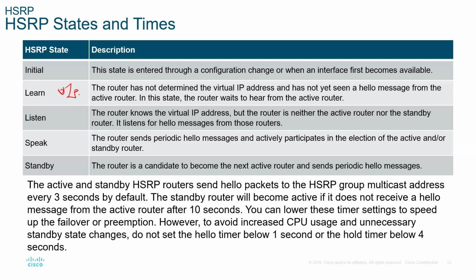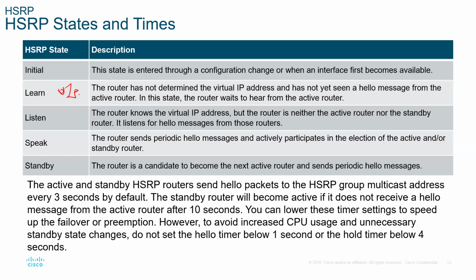In a case where the router doesn't learn any virtual IP, there is no other router in the group, so automatically, if it does not learn anything, it will become the active router.